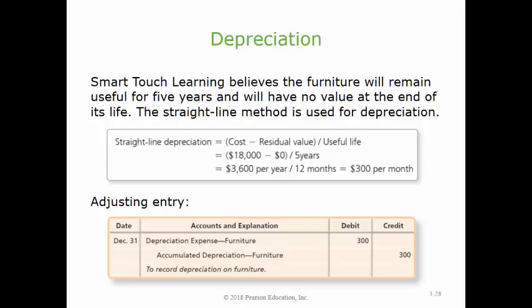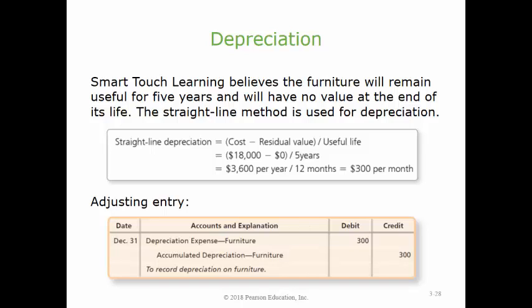This information may help decide how much to sell the asset for in the future or how much to pay for new furniture. The accumulated depreciation account accumulates the depreciation expense. This means that next month an additional $300 will be added to the accumulated depreciation furniture account, creating a balance of $600, representing 2 months of depreciation.